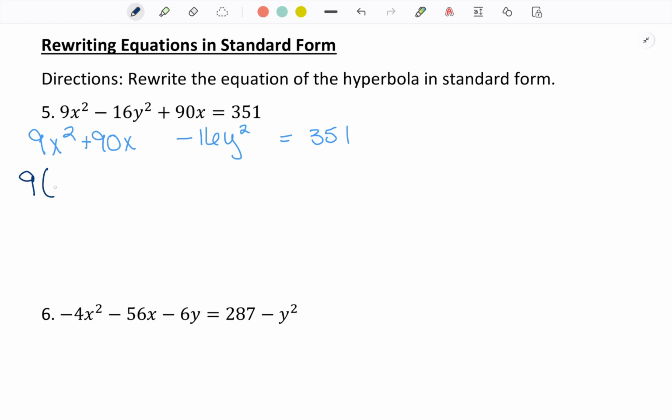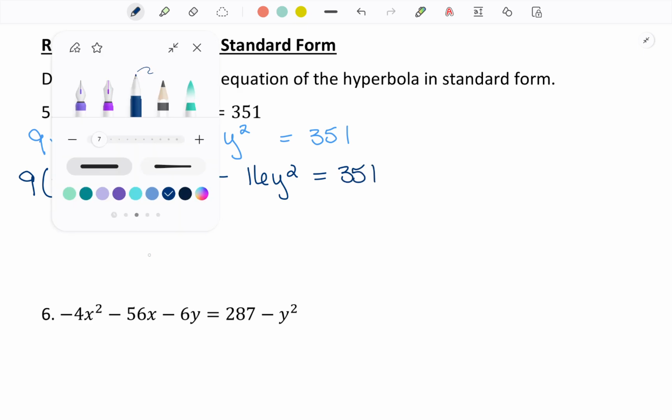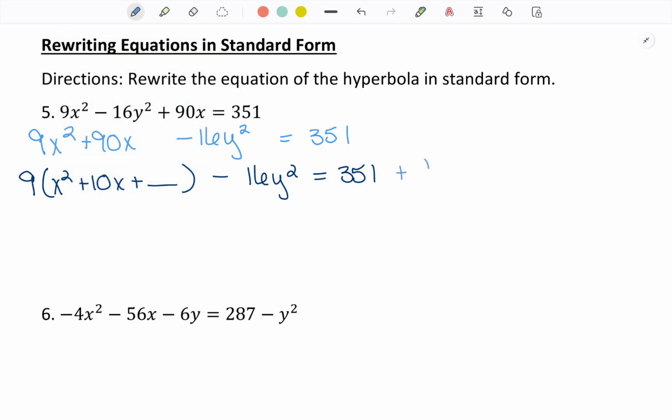So I have 9 times (x squared plus 10x plus something) minus 16y squared equals 351. And then I'm going to have to, of course, add 9 times a value. So we have half of 10 is 5. 5 squared is 25.